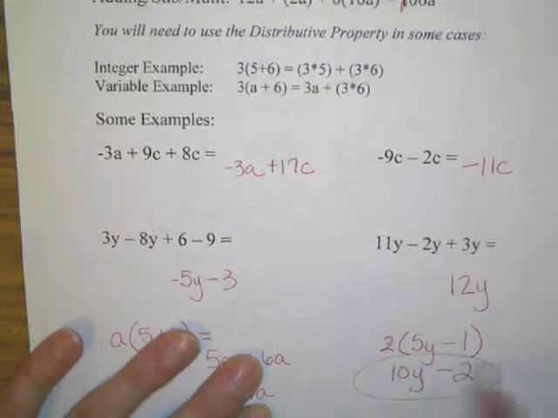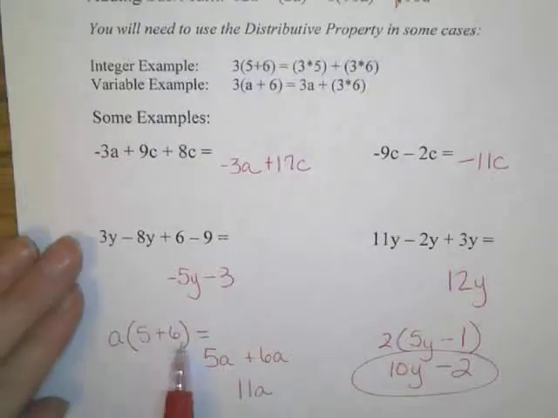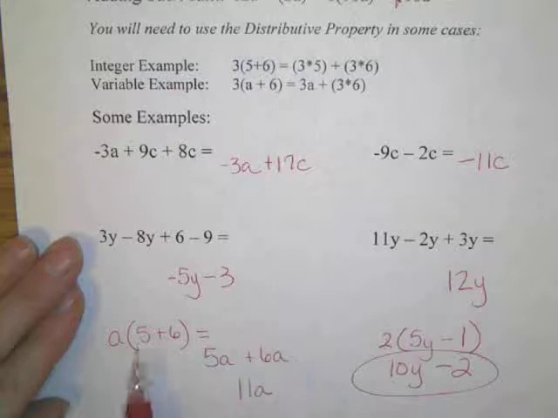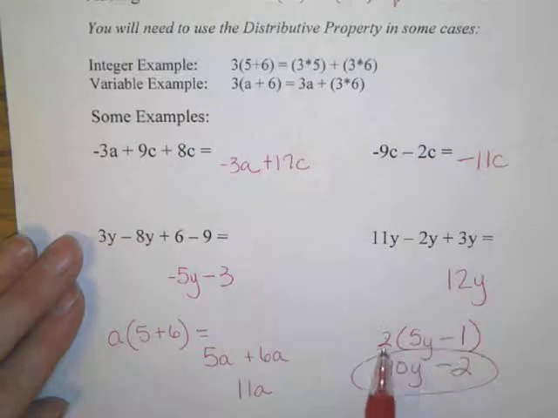So this would be what you should have, 10y minus 2. Obviously, in the previous one, you didn't necessarily need to use the distributive property because you can take 5 plus 6. That's 11, making it 11a. But in this one, you can't take 5y minus 1. So you have to distribute the 2 and then subtract.